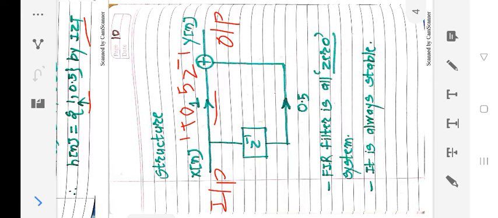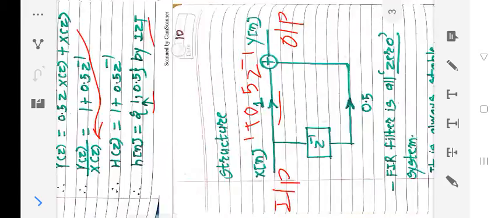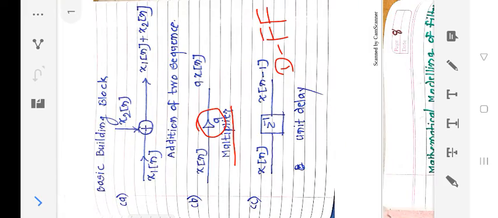And now we will go for the IIR system, and within a short duration I will revise this discussion. See, our journey starts with the basic building blocks. There are 3 basic building blocks. We cannot have a z to the power plus 1 term because the function will become non-causal.